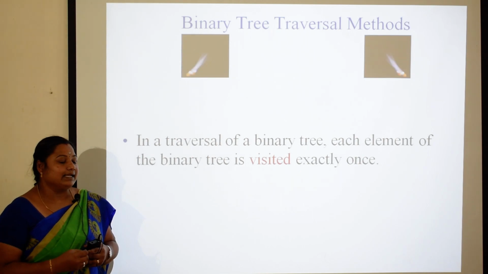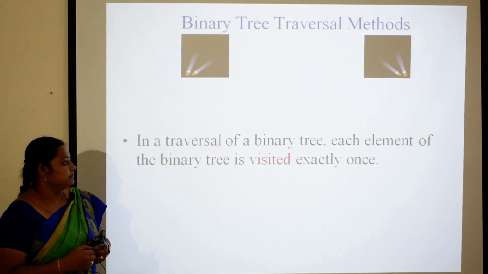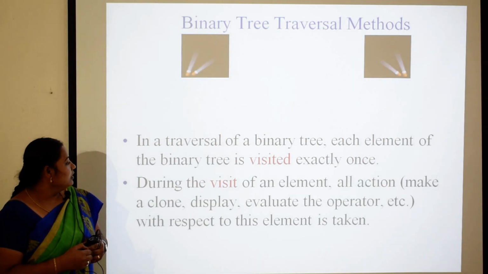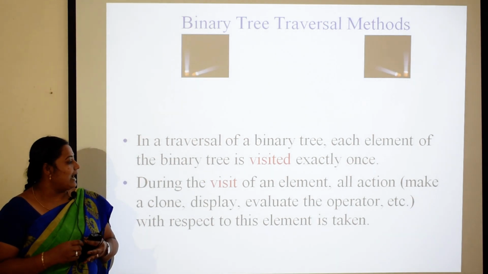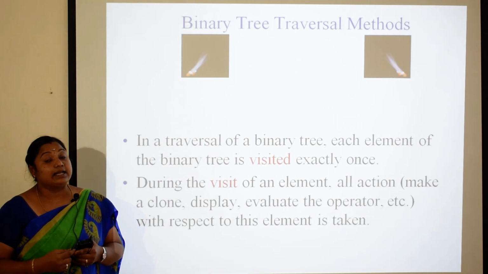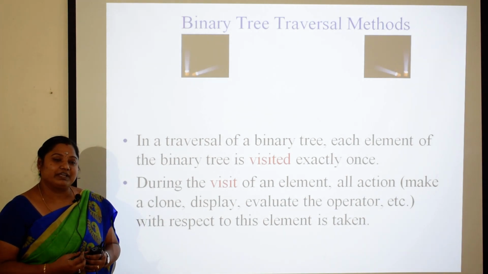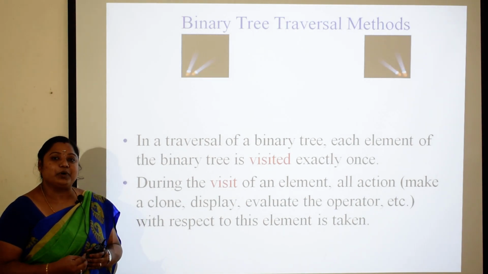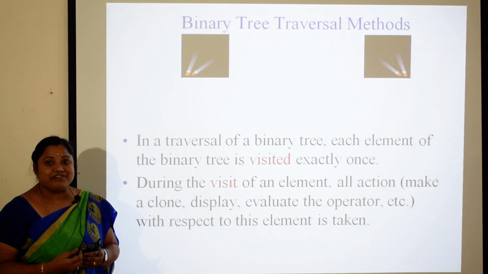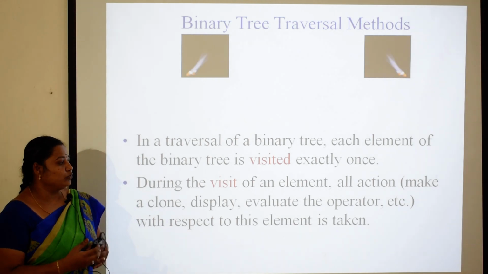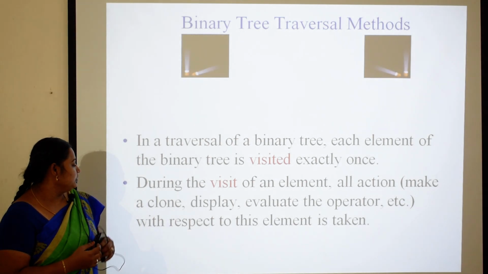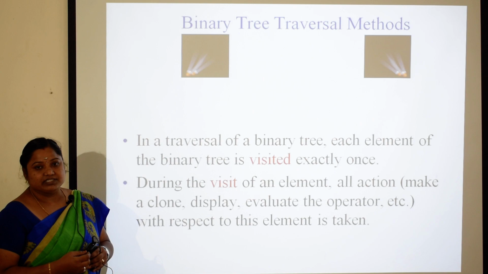Only then can we get data from that node. During the visit of an element, we can perform actions like displaying it, or applying an operator. If we give an expression, it will do operations like division, multiplication or subtraction. We can do that with the help of this traversal.